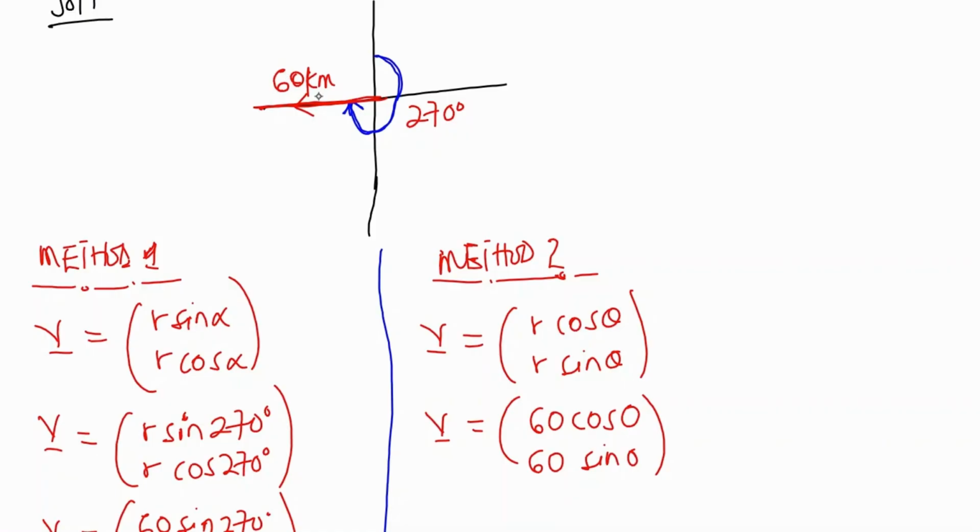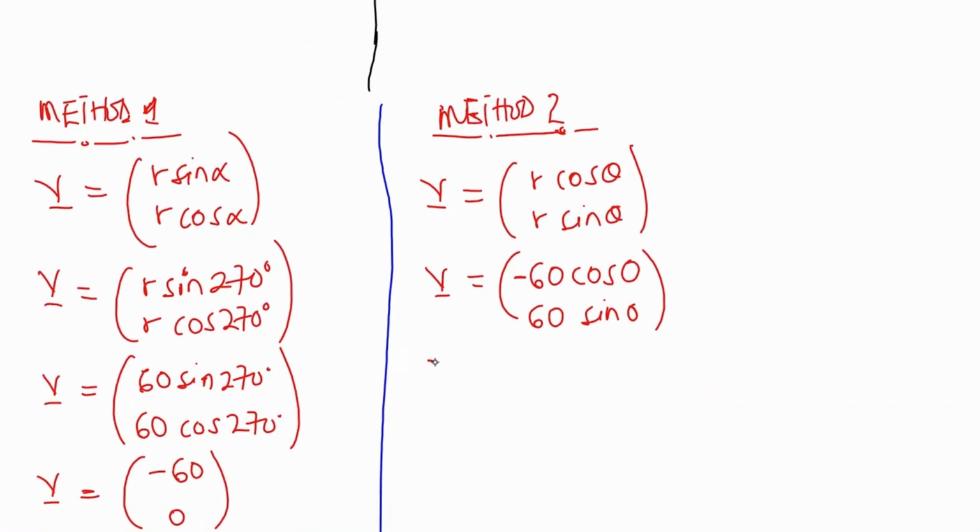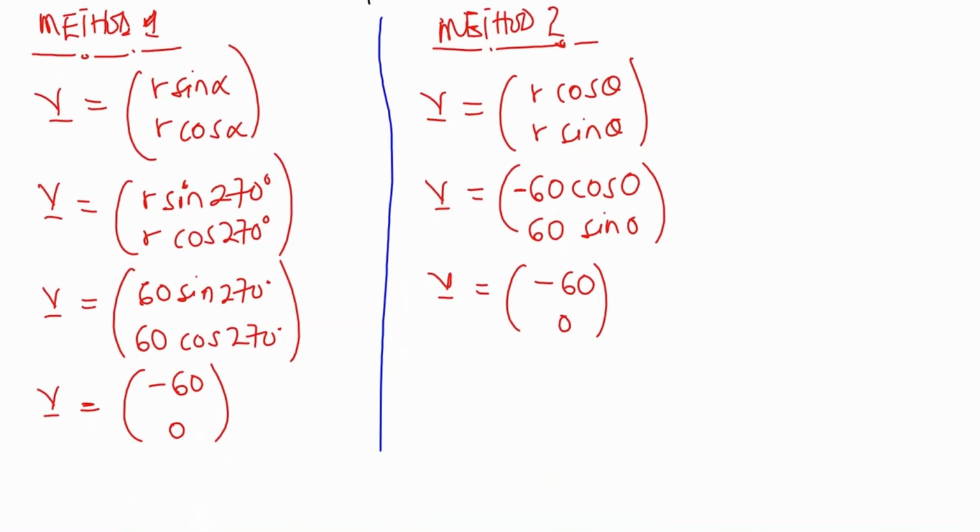So since cos is negative, we have to negate cos here. So here we continue, you can see that our vector v is now equal to negative 60 cos 0 gives us negative 60 because cos 0 here is 1 and 60 sine 0 is 0. So it means that in component form, our vector is equal to negative 60, 0.